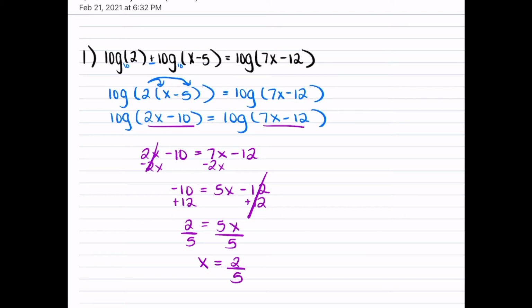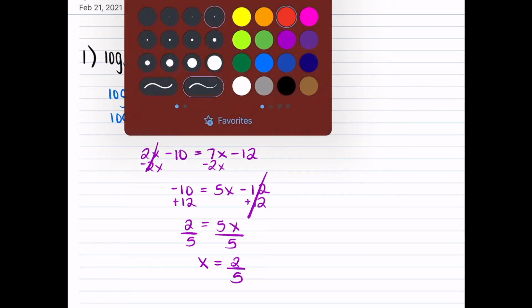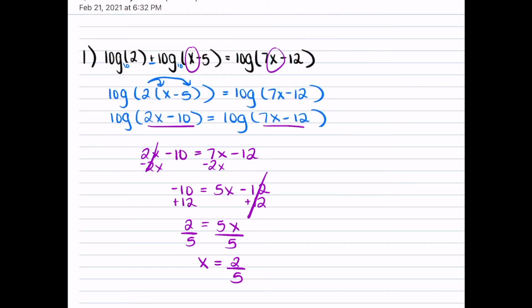Now before we can say that that is our final answer, we need to check it. By checking it, you need to plug 2 over 5 into the x's that are in our original equation. So, log of 2, there's no x's to plug in. This is a positive, so that's good. We got log 2/5 minus 5.